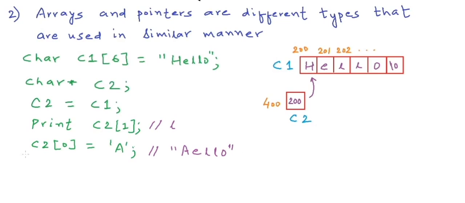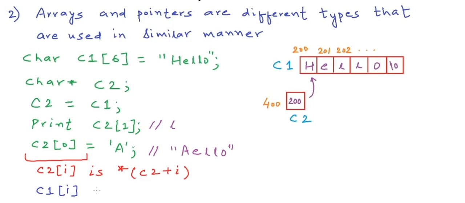When we write C2[i] for any position i, it is nothing but *(C2 + i). So C2 is the base address, and C2 + i will take you to the address of the ith element. In this case, let's say C2 + 2 will be 202, and if we put this asterisk operator, we are basically dereferencing and finding out the value. So these two syntaxes are alternate syntaxes, and even if it is an array name, we can write these two as substitutes for each other.